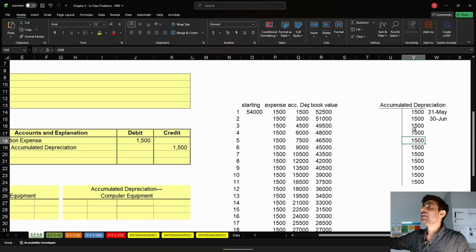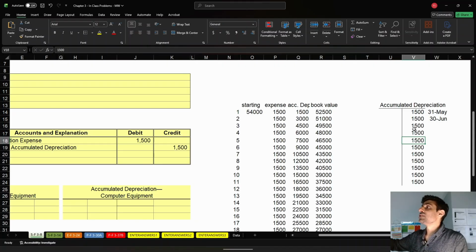They do not reset because it's not like your cash balance goes to 0 on January 1st, right? Or the amount you owe to the bank goes to 0, right? So certain accounts are permanent accounts. These are your assets, your liabilities, your retained earnings. Some accounts are temporary, they get reset. Your revenues, expenses, and dividends, they all start at 0 at the beginning of the period.